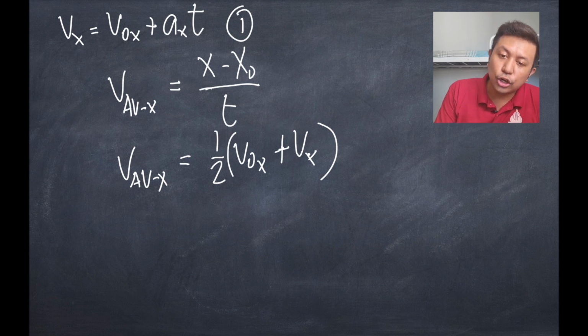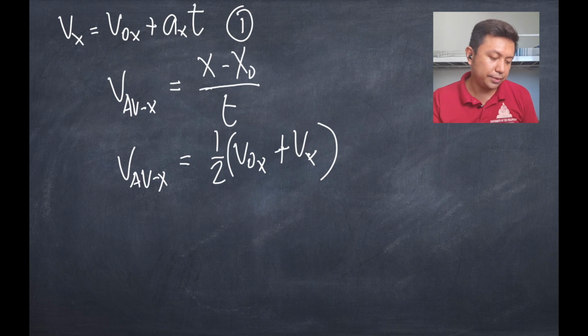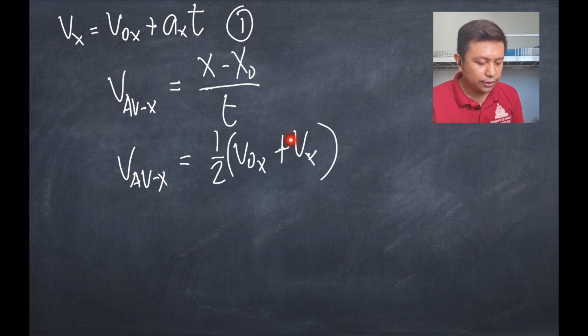We also know that with constant x acceleration, the x velocity vx at any time t is given by this equation, our equation 1. So we can substitute the vx here to incorporate the time factor into this equation.